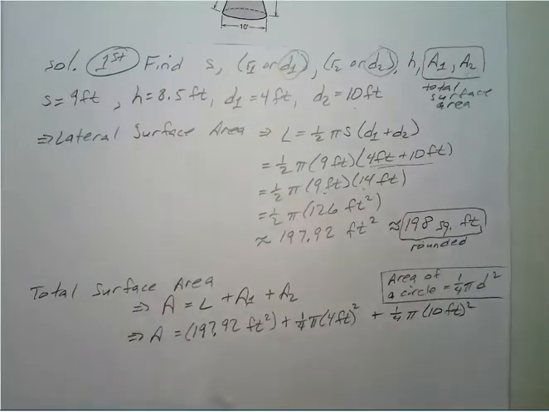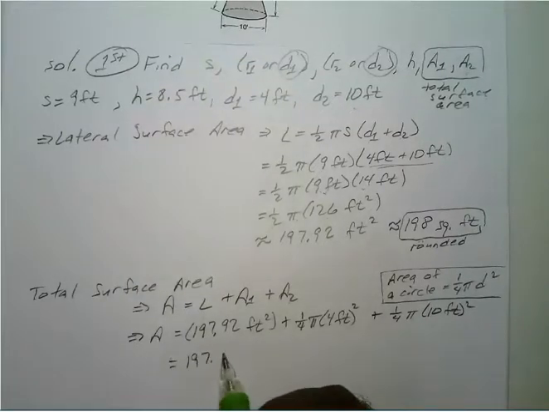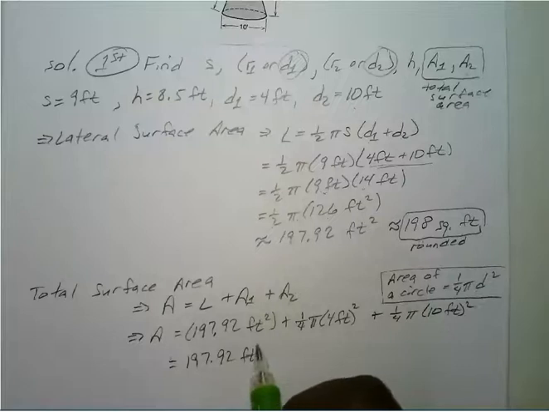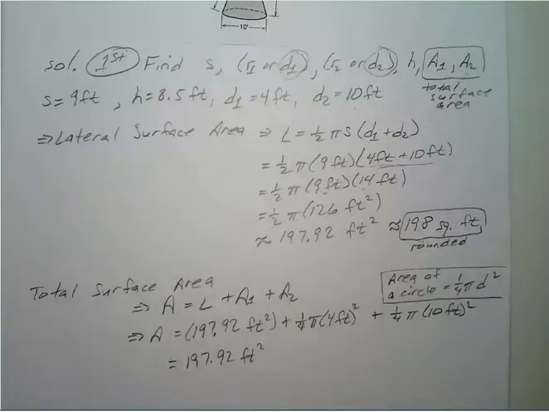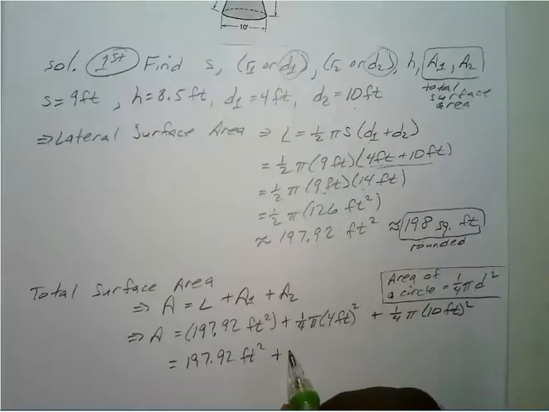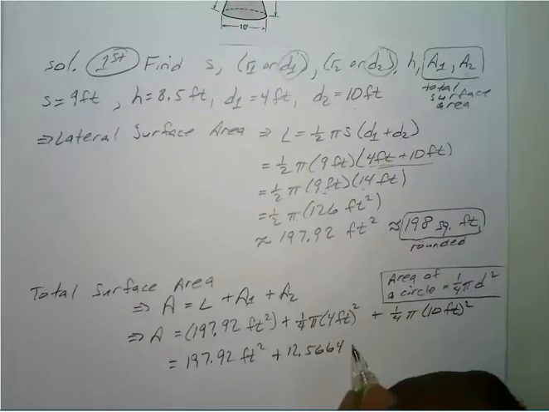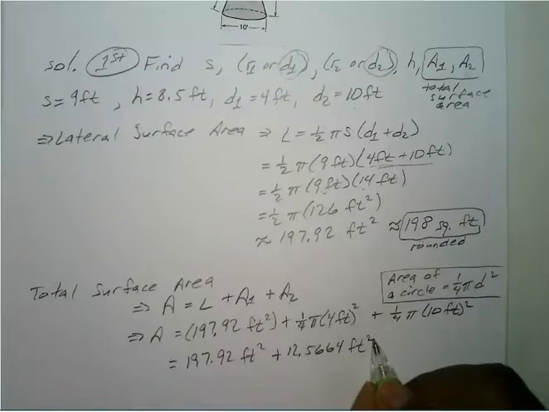All right, so this is going to equal 197.92 square feet. So if you get 4 feet squared, which is 4 feet by 4 feet, which is 16 square feet, divided by 4 is 4 square feet, multiplied by pi, you end up with 12.5664, and it keeps on going, square feet.